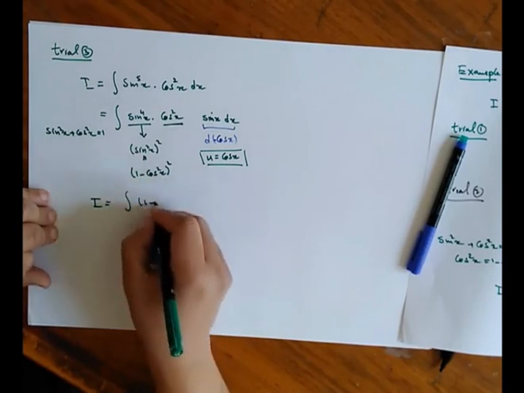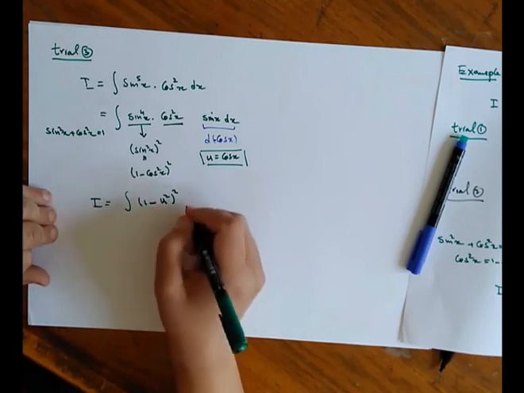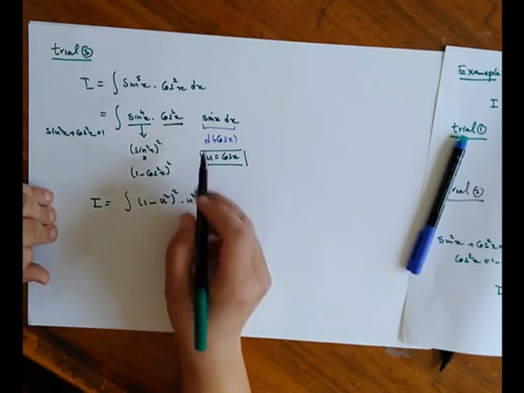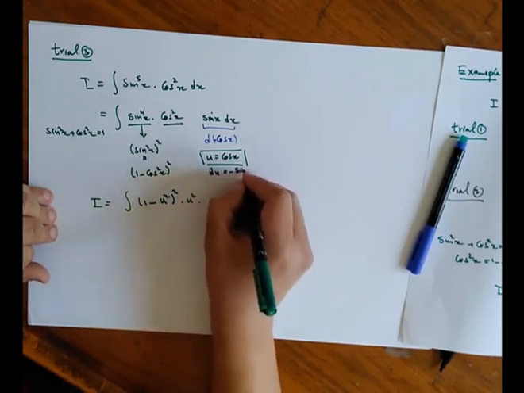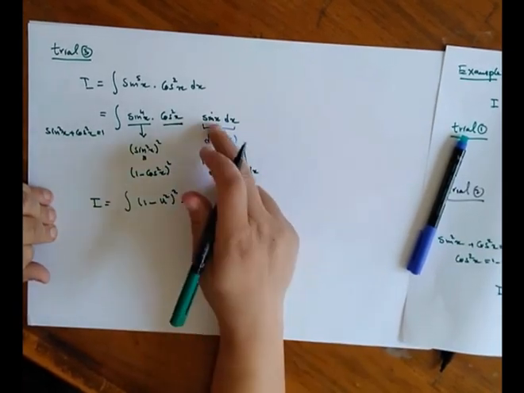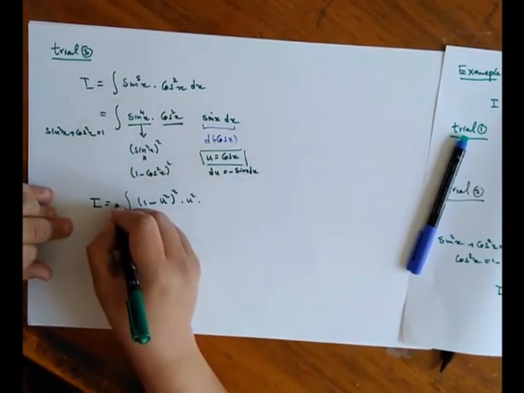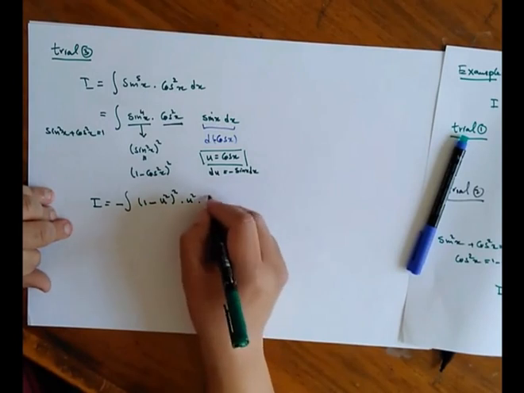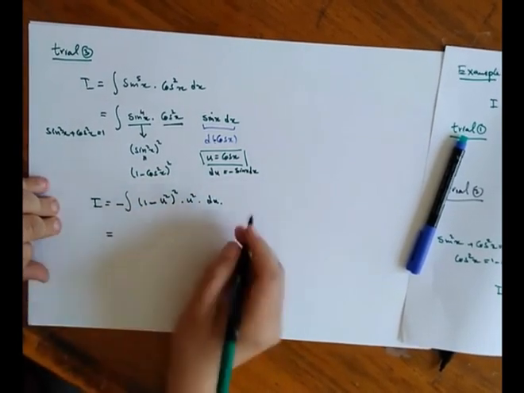So it's 1 minus cosine square, which is u square, all squared, and then times cosine square, which is u square, and then du here is negative sine x dx, and actually we have this sine factor here, so this is going to be negative, I will write it outside, as you know, times du. So now it's easy to integrate this function.